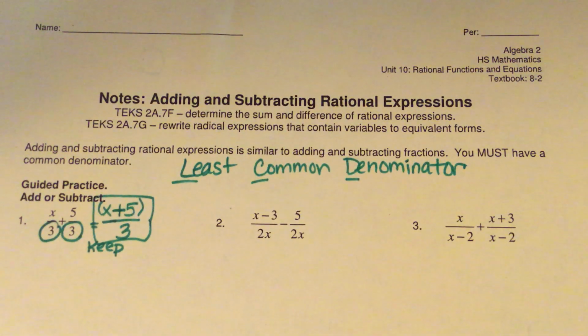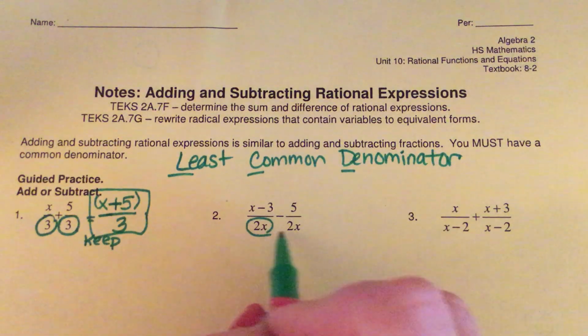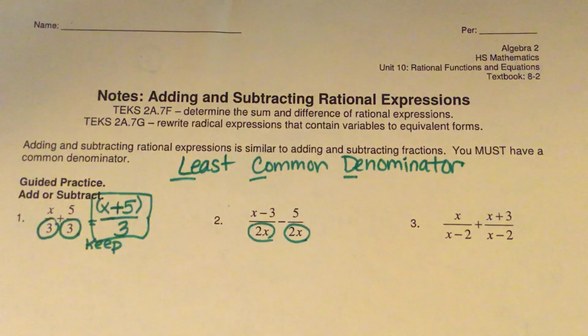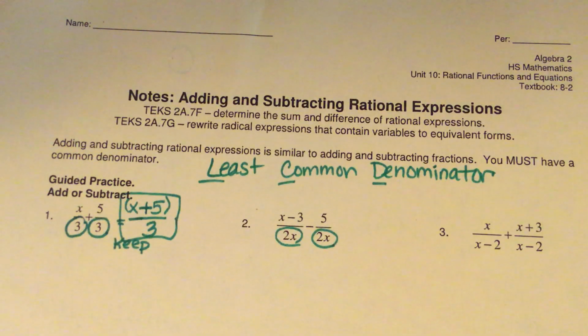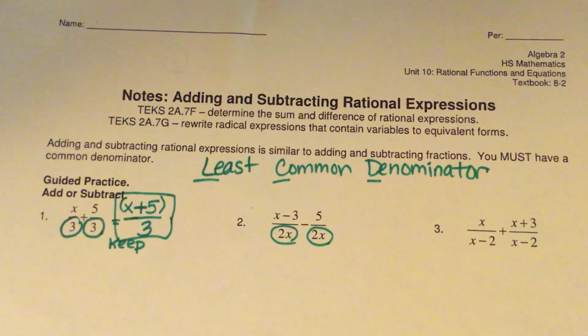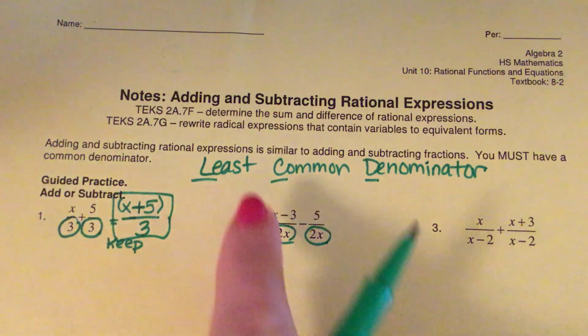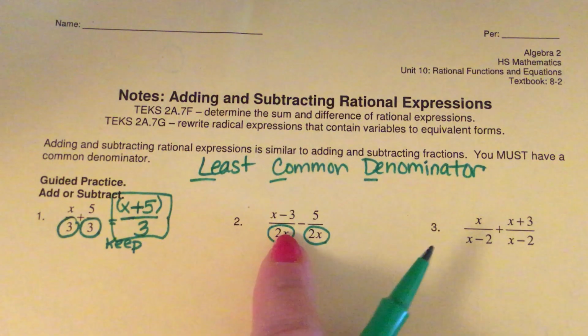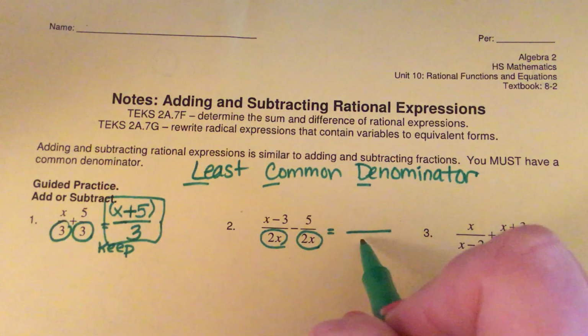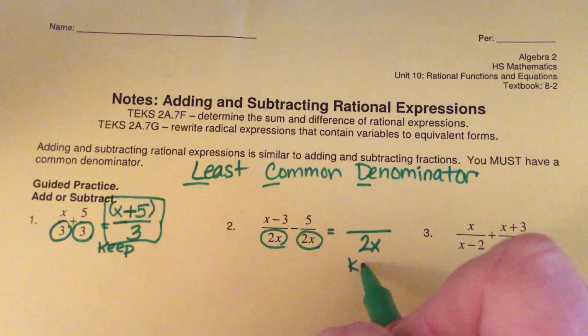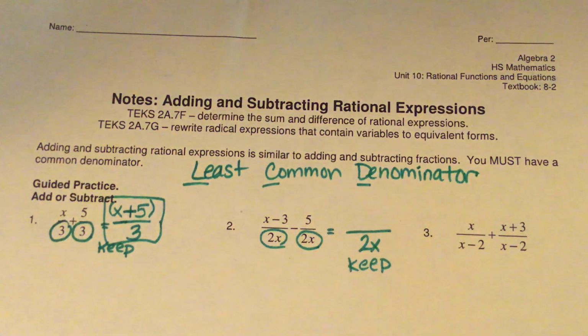So if the denominator is already the same, we simply leave it and we add the top. On number 2, again, this is what we want to look at first. What about our denominators? Well, these are the same. So again, I already have a common denominator, so I don't have to worry about this yet. So keep it. And then combine like terms on the top.